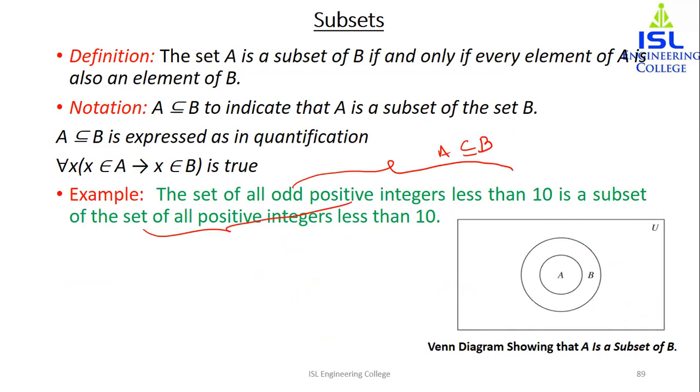Now whenever we are dealing with subsets, any set is guaranteed to have two subsets.